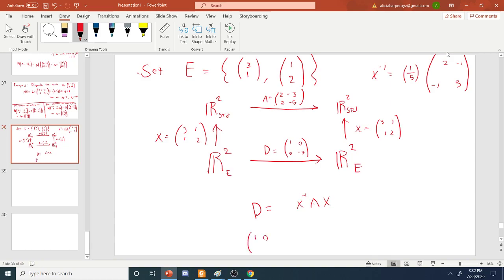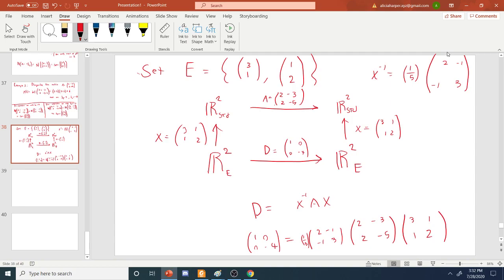So 1, 0, 0, -4 is equal to 1 over 5 times 2, -1, -1, 3, times 2, -3, 2, -5, times 3, 1, 1, 2.